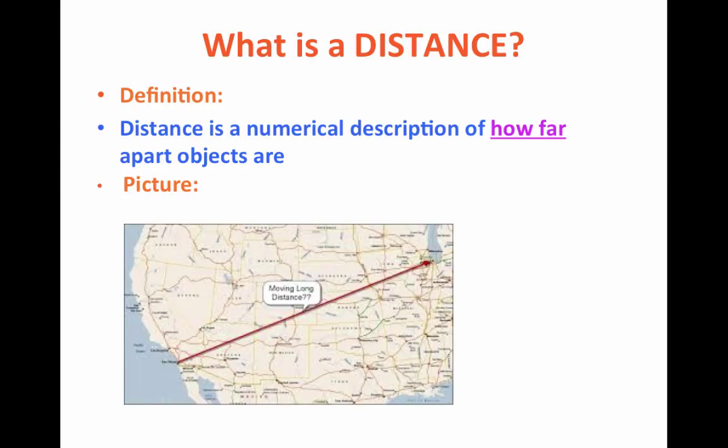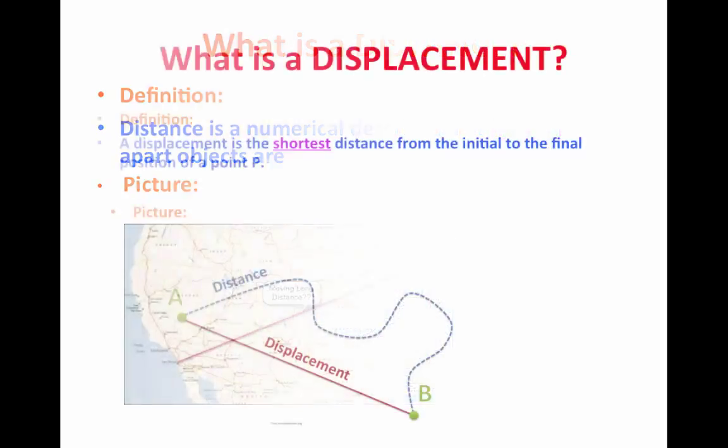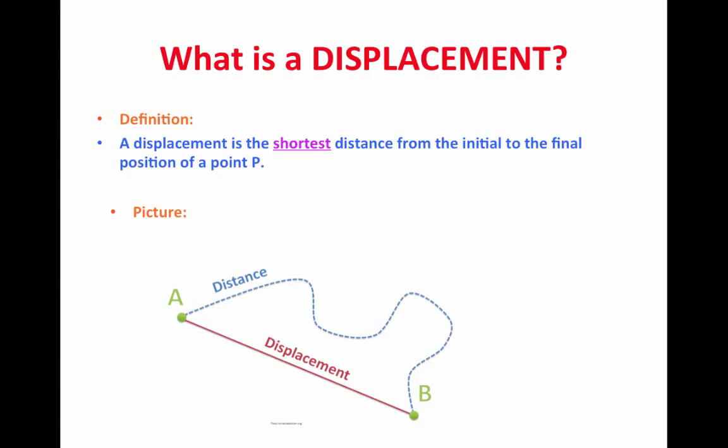What is a distance? Distance is a numerical description of how far apart objects are. You see the picture. The distance between these 2 points is the red line. What is a displacement?